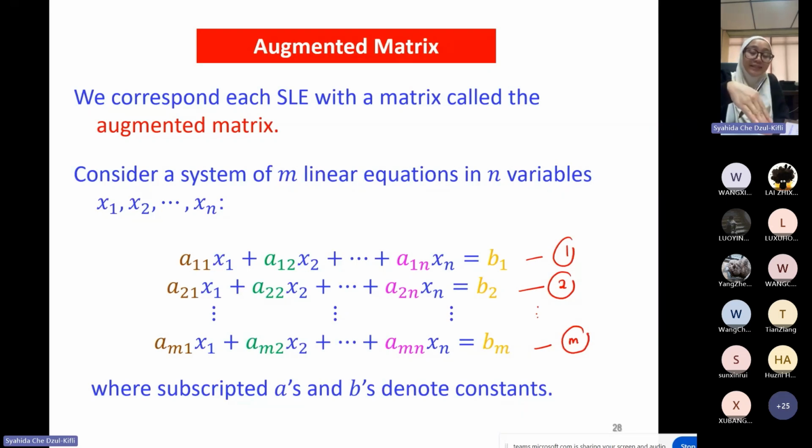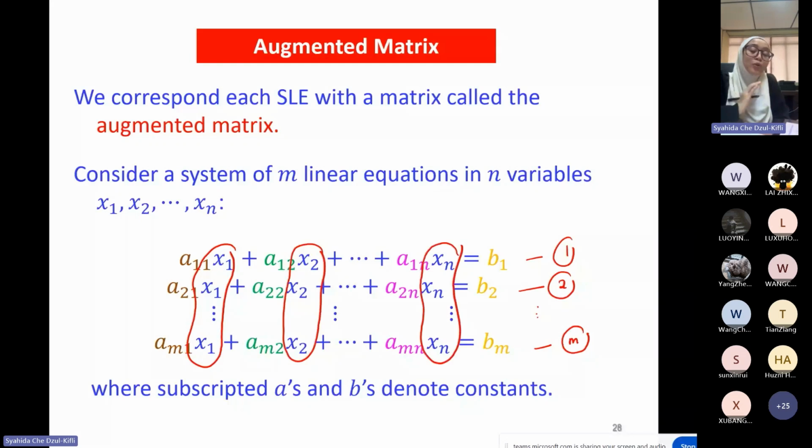Every linear equation in this system shares similar variables x1, x2, up to xn. So there are n variables.